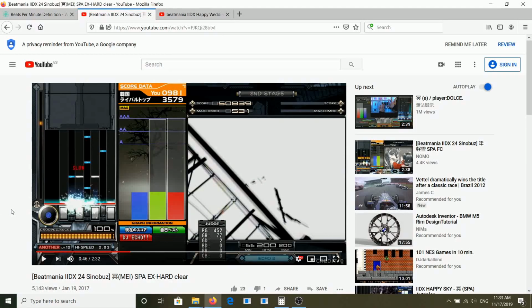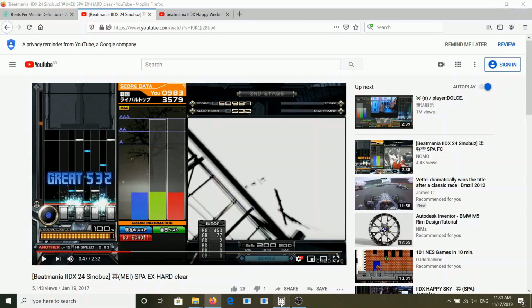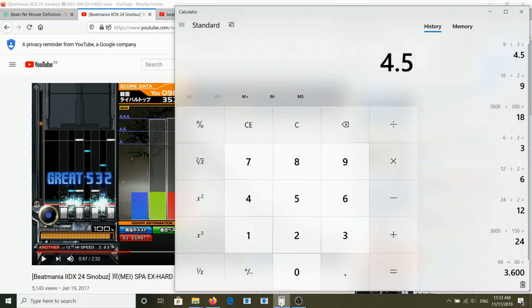So we are at the 1, 3, 7 chord. We're going to be looking at the 4 note. So I'm going to do this again. 1, 2, 3, 4, 5. What it's doing really is that it has to best round out the difference.